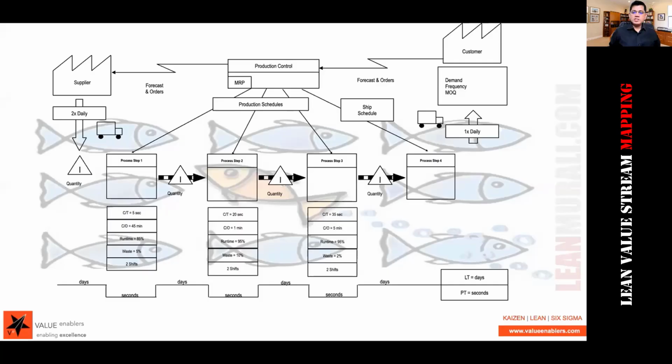What are those two colors? The blue fishes are moving in one direction, and the yellow or red ones, whatever you're seeing, are moving in the other direction. So one moves in the direction of the flow of material.